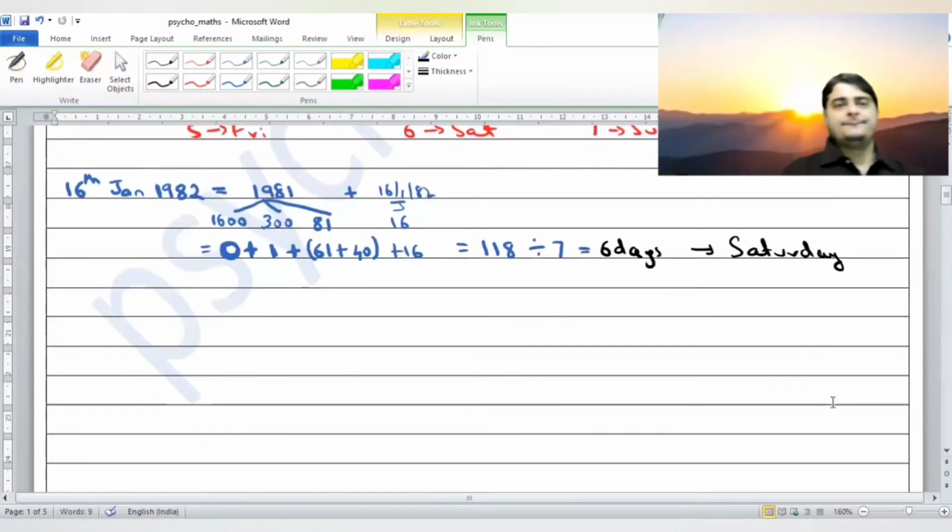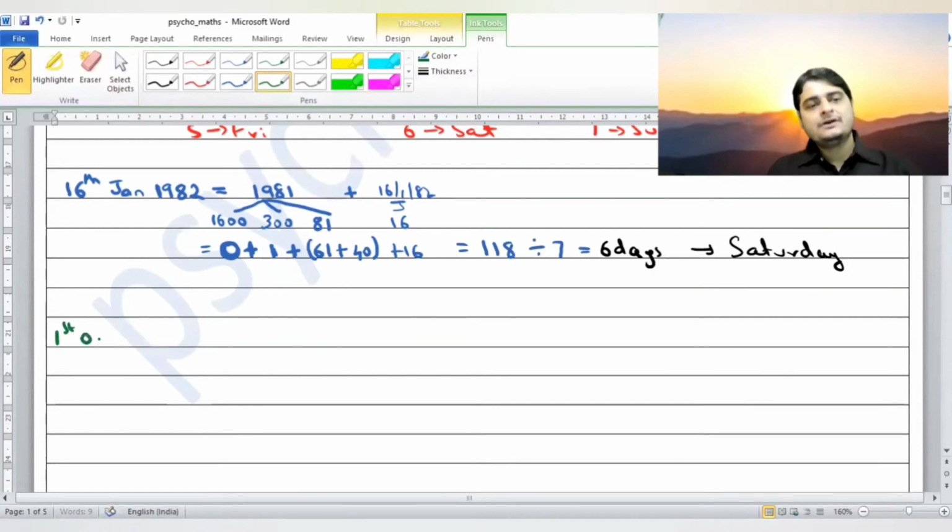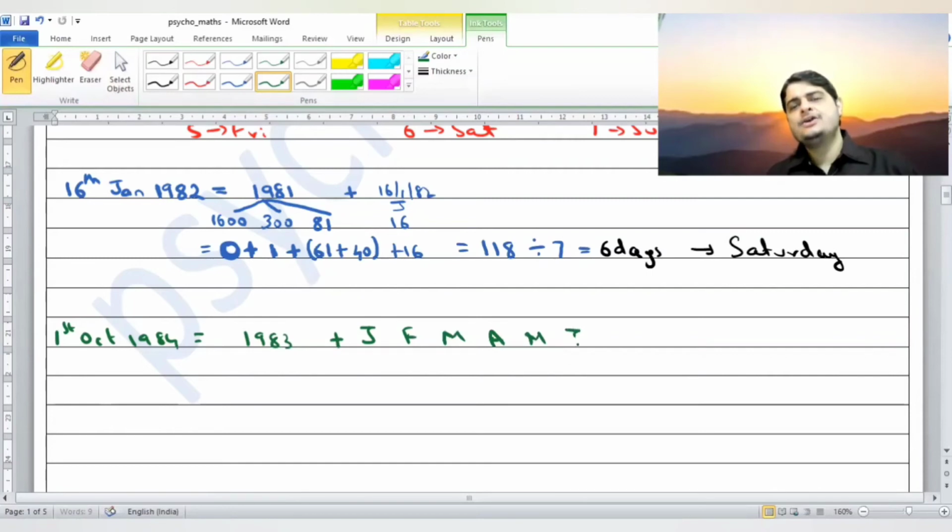Now let us take 1st October 1984. I am just picking up random years and dates. So first we need to cover up to 1983, and then we will check Jan, Feb, March, April, May, June, July, August, September and October.